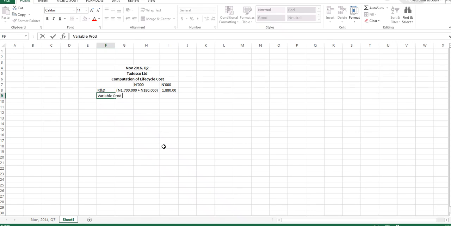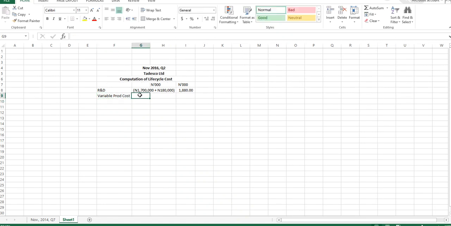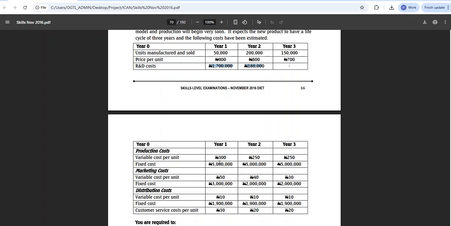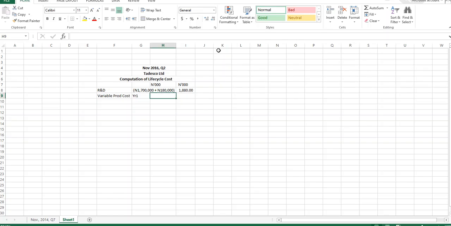Variable production cost. And I can decide to do it here. Now my variable production cost for year one. What does year one say? Variable production cost is 300 naira times 50,000, right? Am I right?